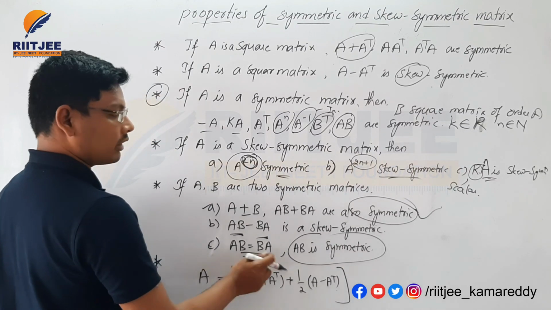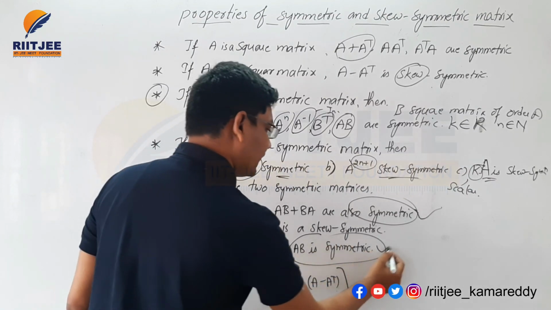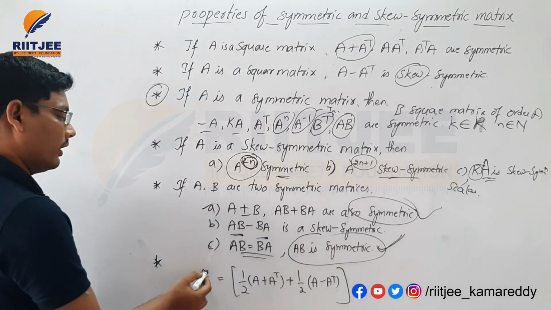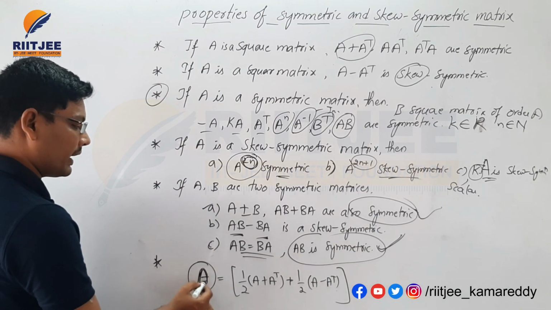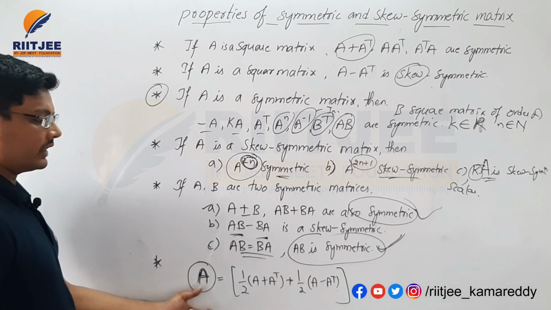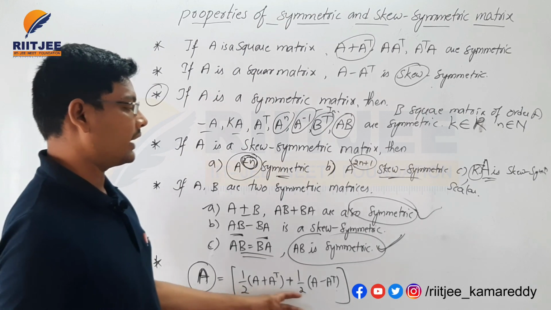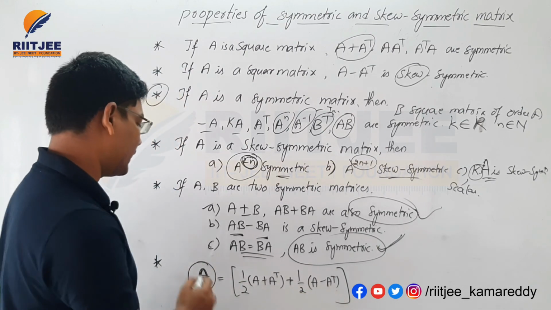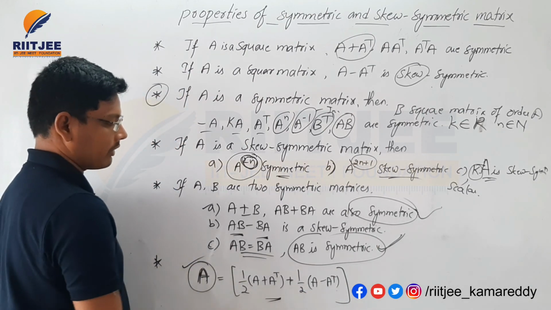And for every square matrix, the sum of a symmetric and a skew symmetric matrix is a square matrix. This is the property number 1.